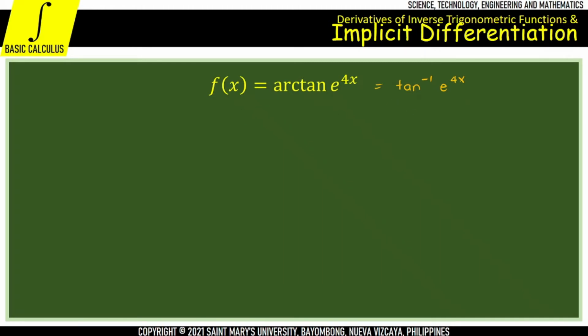Now, for this function, we assign u as equal to the expression inside the inverse tangent, which is e raised to 4x. Next, get the derivative of u, du, which is e raised to 4x.